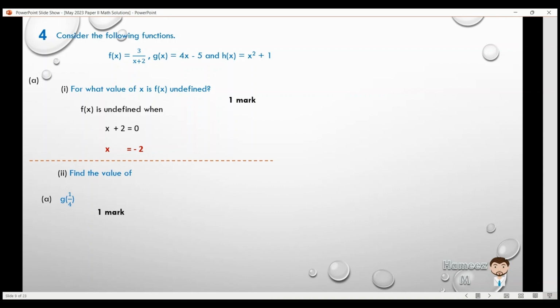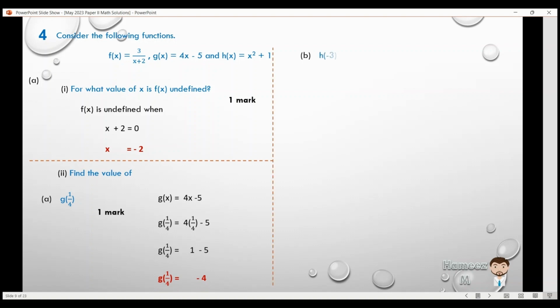It means if our input is x, we are saying 4 times that minus 5. So let's write the function first. g of a quarter would mean 4 times a quarter minus 5. And 4 quarters is a whole. So 1 minus 5, and 1 minus 5 is minus 4. So we worked out part A, g of a quarter.